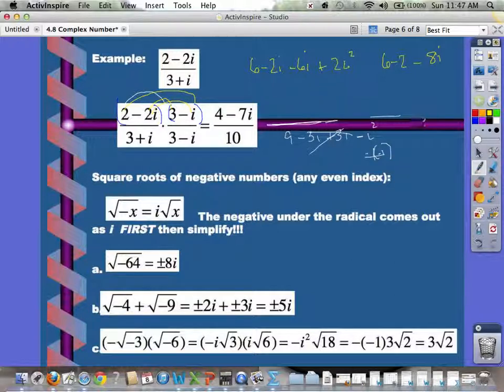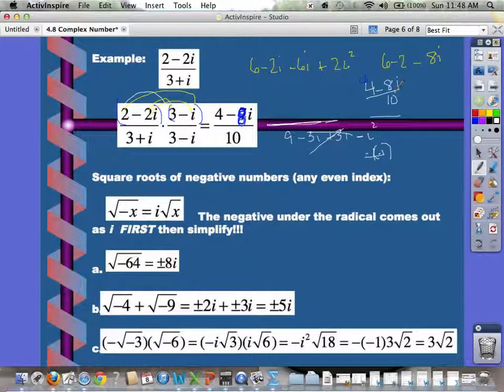Now I have to fix my PowerPoint. This should be an 8. All right, so it should be 4 minus 8i over 10.